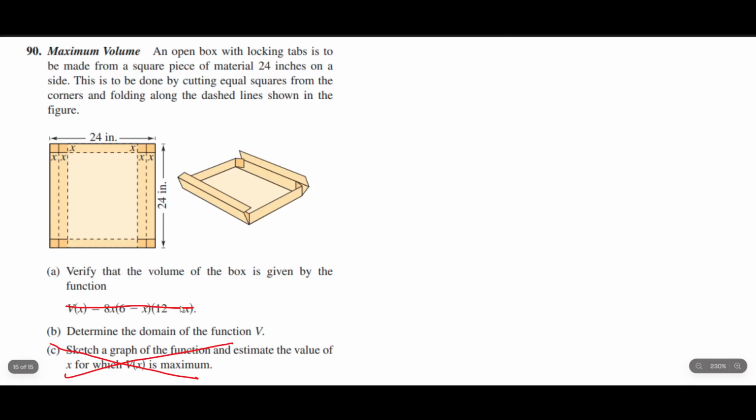I don't think it was smart to give the actual equation. We have to start from scratch here. We're still going to use the picture, so let's at least take advantage of that.